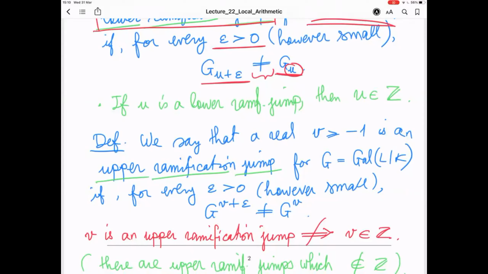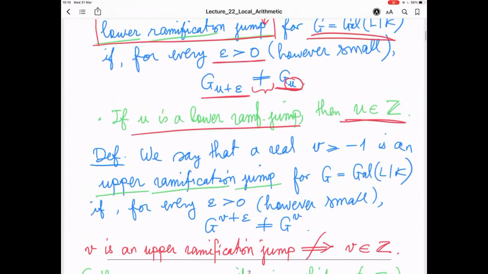Or jump. So obviously, if u is a lower ramification jump, then u is an integer, because a real number which is not an integer cannot be a lower ramification break, because G_u for u real is equal to G of the ceiling of u.